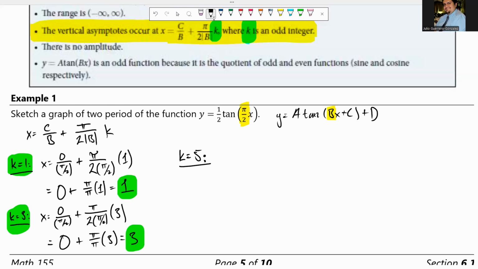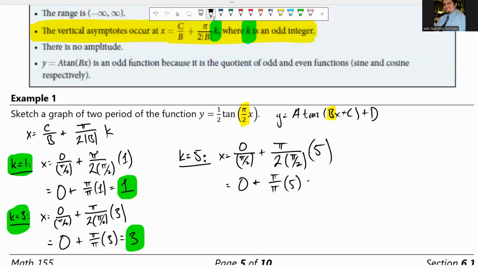Let's figure it out. x is equal to 0 divided by pi over 2. Also notice that the math is just repeating. The only thing that's changing really is the k value, the 5 at the end. Equal 0. Let me make that a big 0. 0 plus pi over pi times 5 equals 5. Bam.